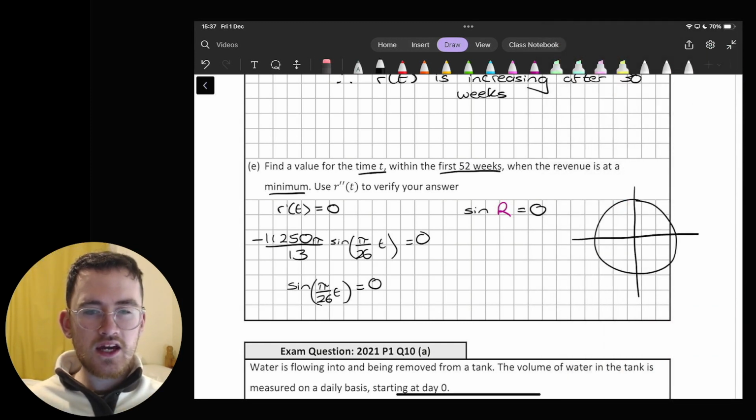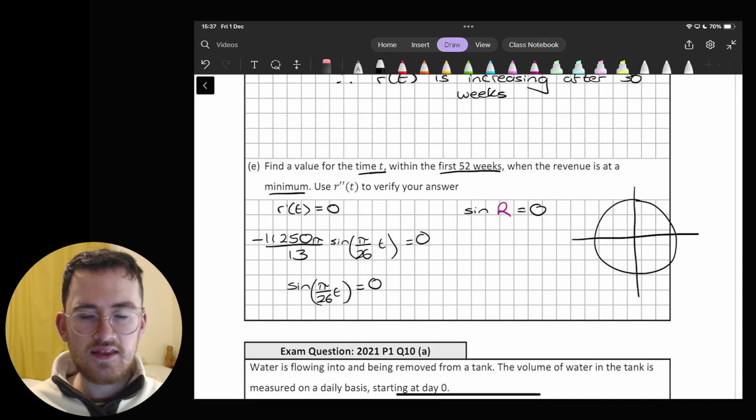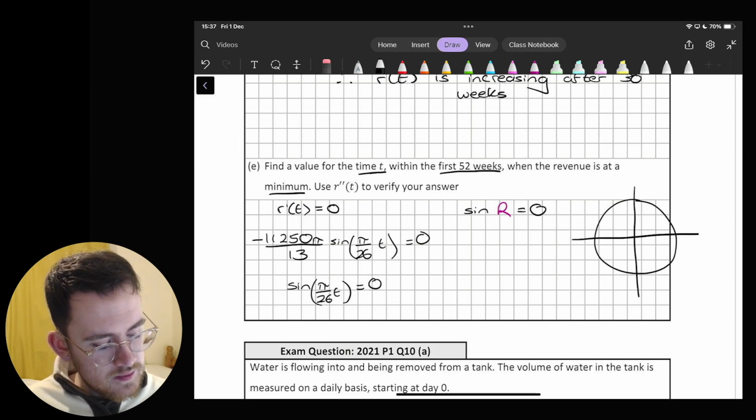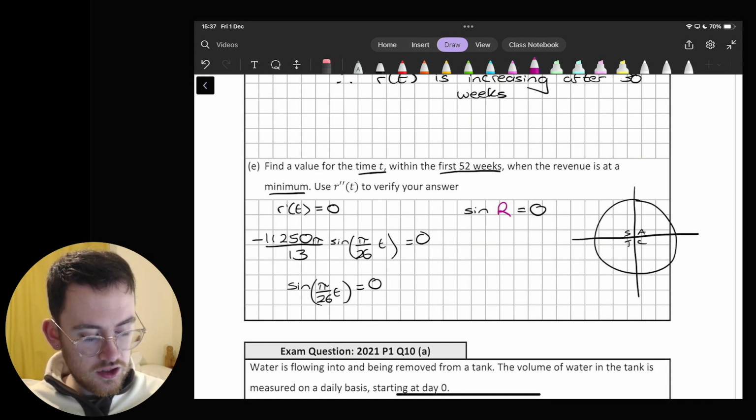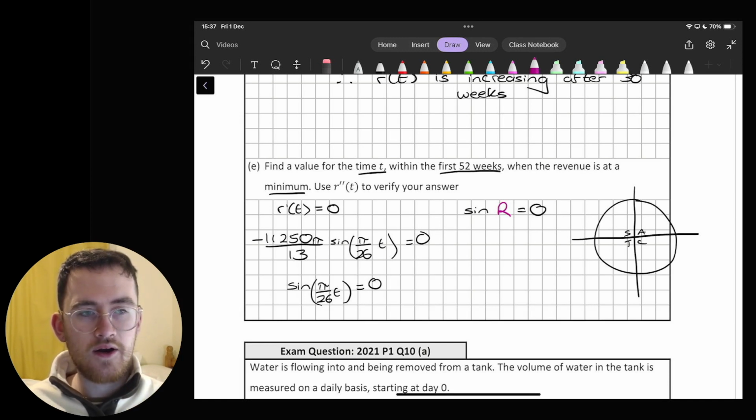Okay, so I have to be careful with these ones because I don't get the same options as I do when I use my reference angles for other values. So we have to be a little bit smarter about it and look at our unit circle and see the values where my sine function could have a value of 0.